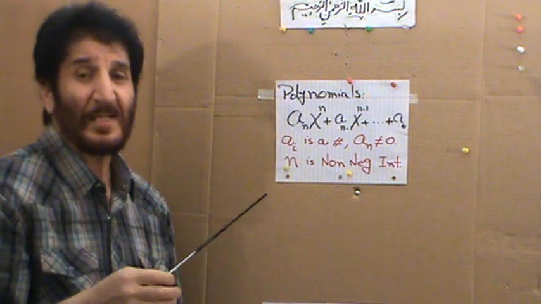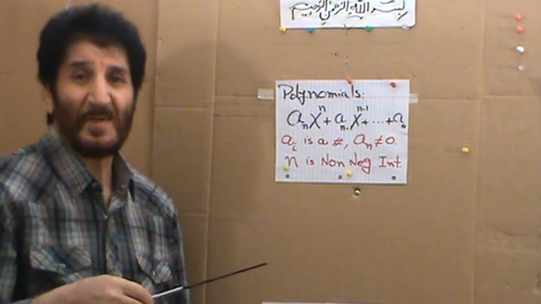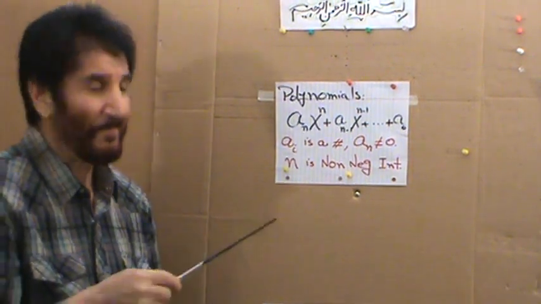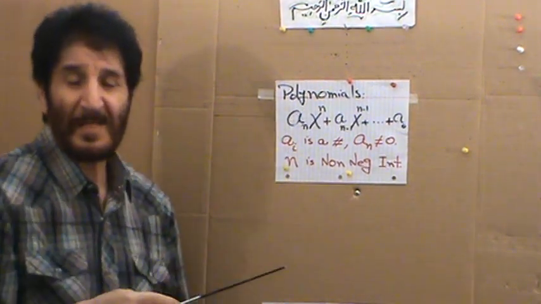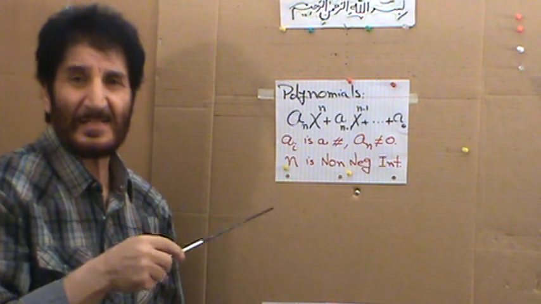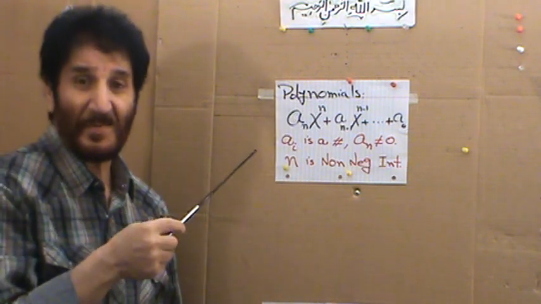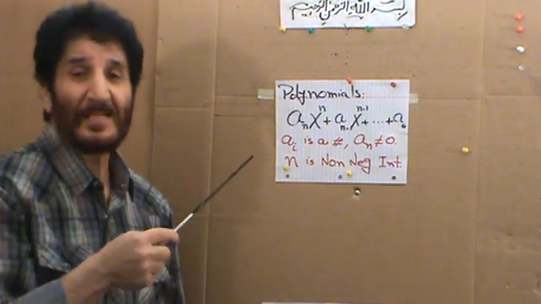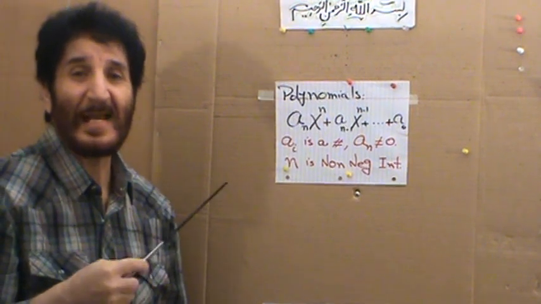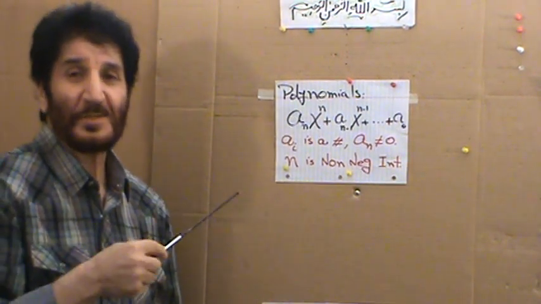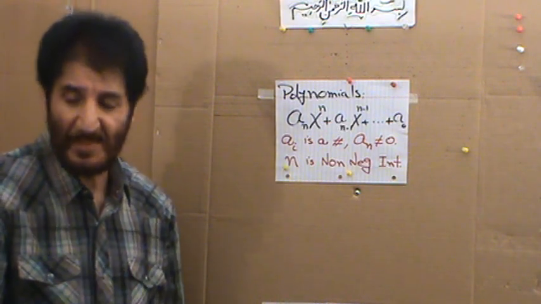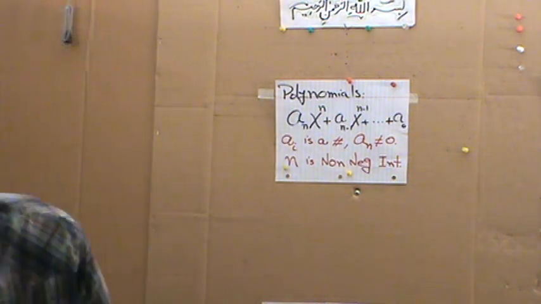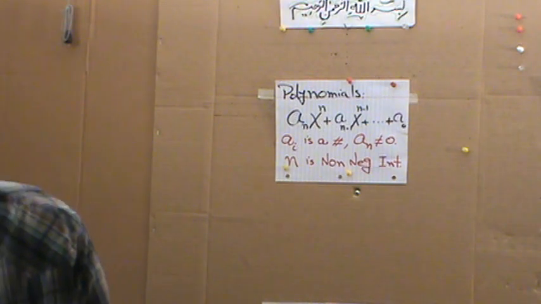Again, you do not have to, but it is more disciplined. The term that has the highest power, the largest degree, is called the leading term, and the corresponding number before it is called the leading coefficient. I'm repeating myself.